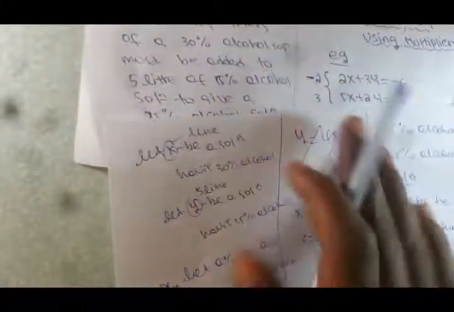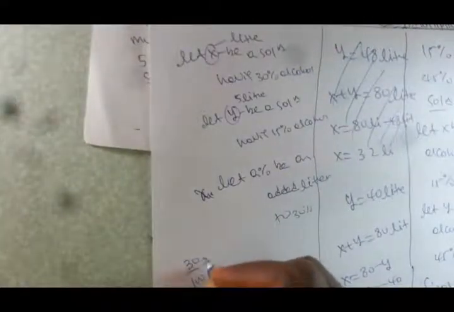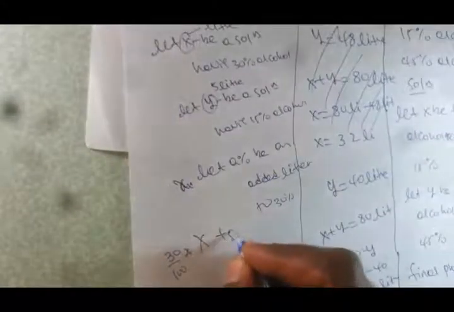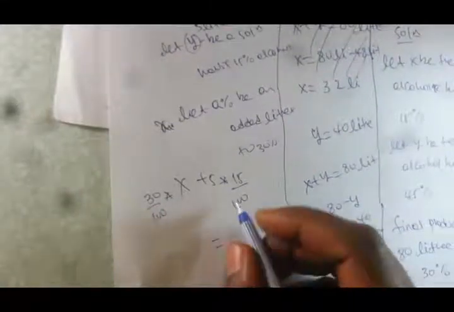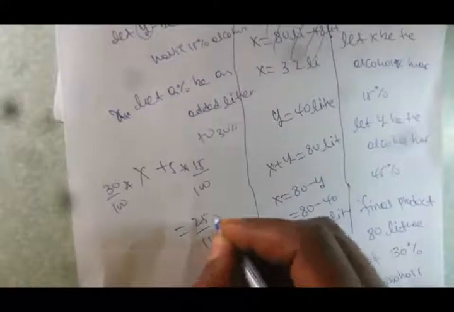Therefore when 13% alcohol was added, 13%, that means 13 over 100 of the alcohol that was x, plus 5 liter. Whenever you find of, it means multiplication. 5 times 15 over 100 to give what? A 25 over 100 of total value.